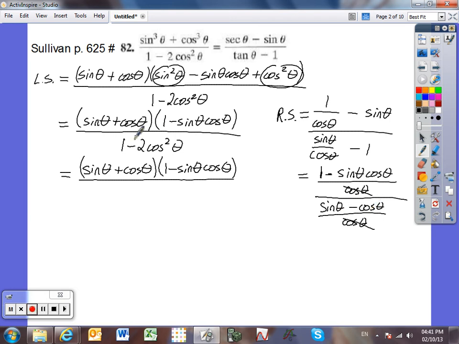So maybe if I express this as, say, let's change that 1 into a sine squared plus cos squared. And then I'm subtracting my 2 cos squared. So I've just changed my 1 into this. And this simplifies, of course, to become a sine squared minus cosine squared.